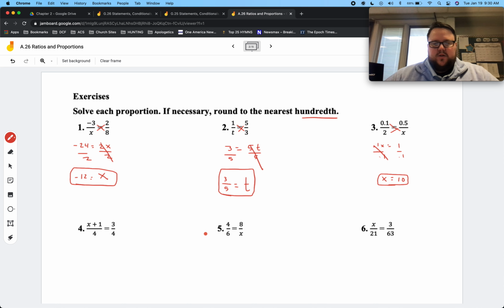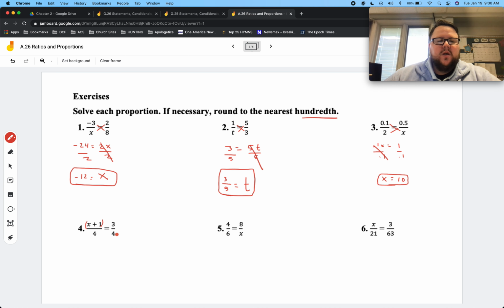So I want to do number 4 with you because it has x plus 1. It has a whole quantity. So when I multiply that 4, I have to distribute that 4. So it looks like 4 parentheses x plus 1 equals, so that was that one. 4 times 3 is 12.